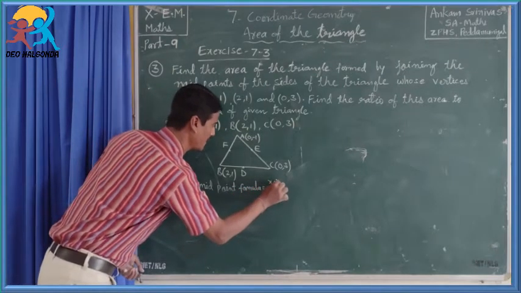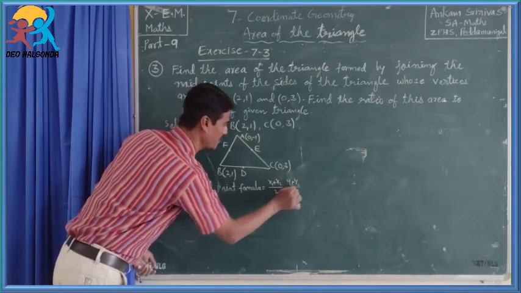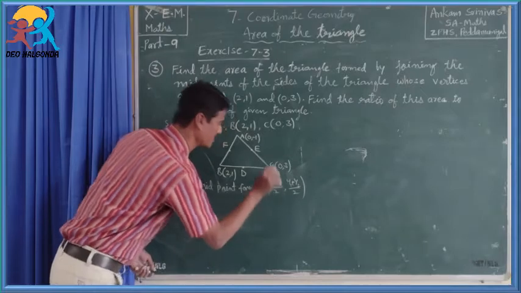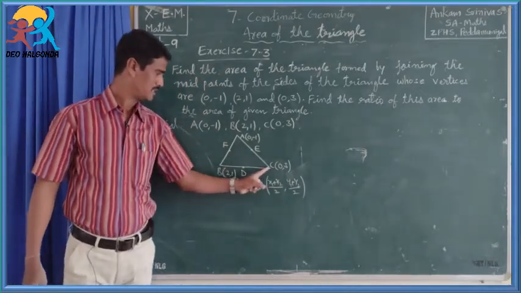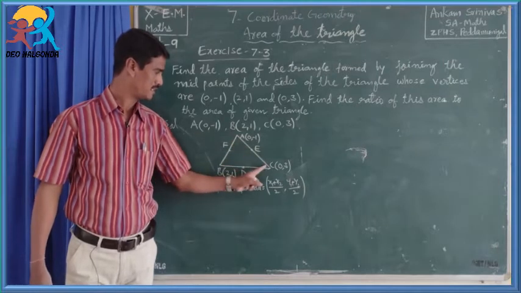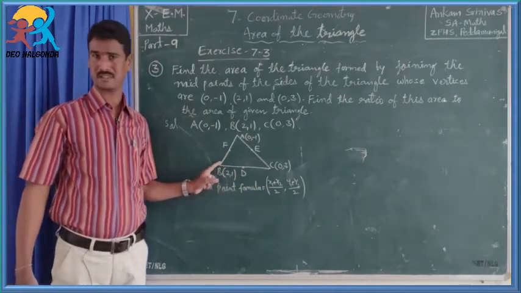The midpoint formula gives (x1 plus x2 by 2, y1 plus y2 by 2). Now here D is the midpoint of BC, E is the midpoint of AC, F is the midpoint of AB.